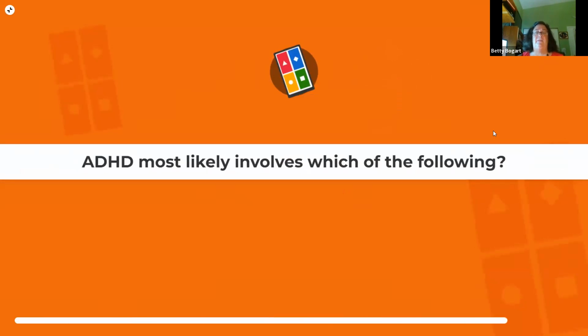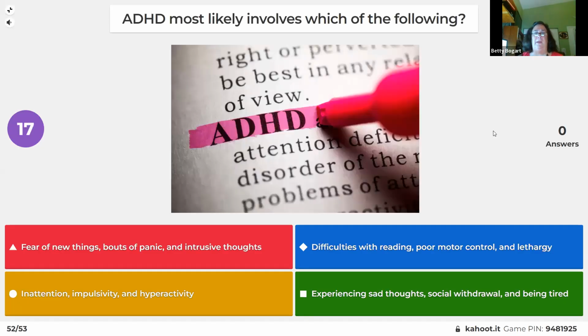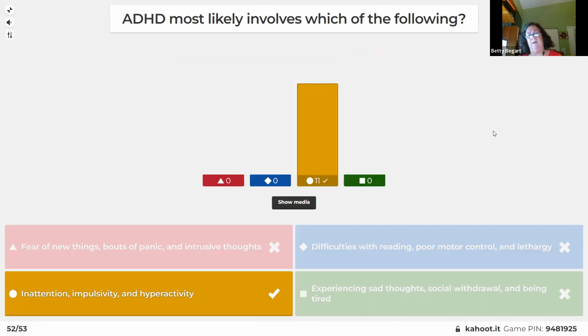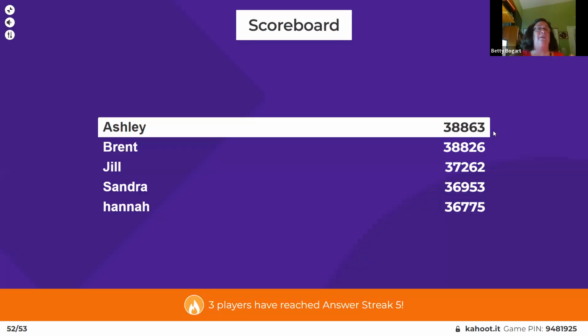ADHD most likely involves which of the following? What is ADHD? It's all about not being able to sit still, inattention, impulsivity, and hyperactivity, you know, and working with these children is difficult.